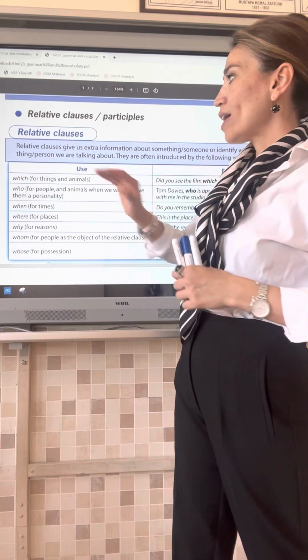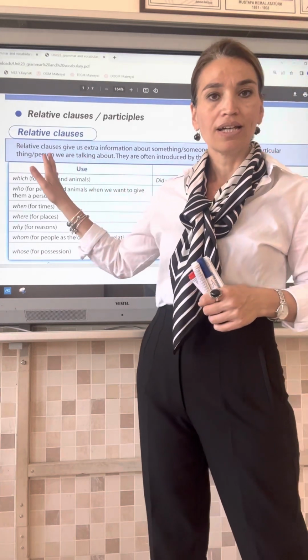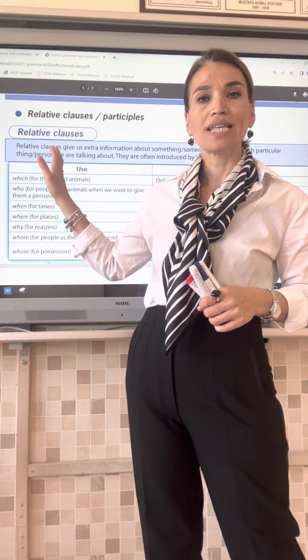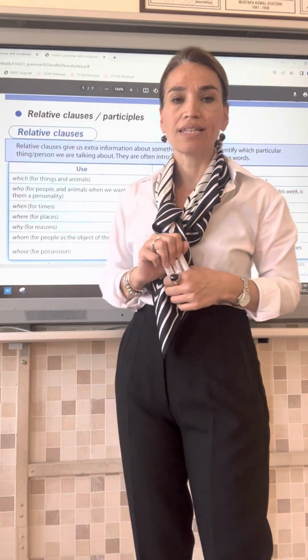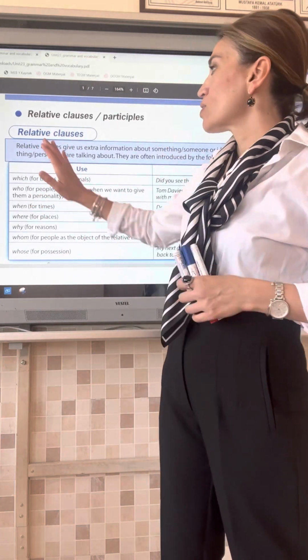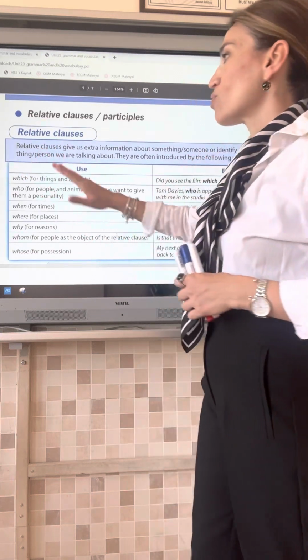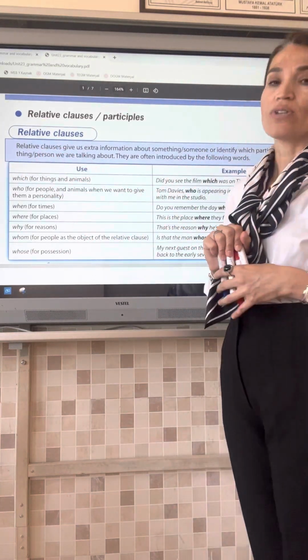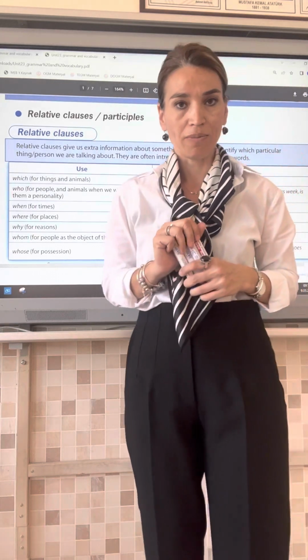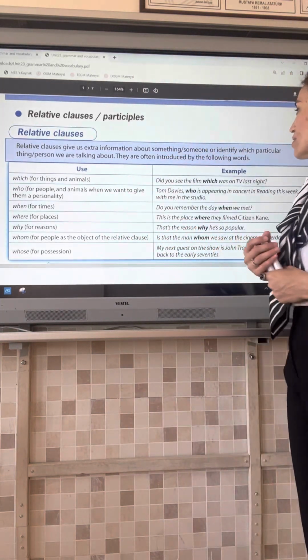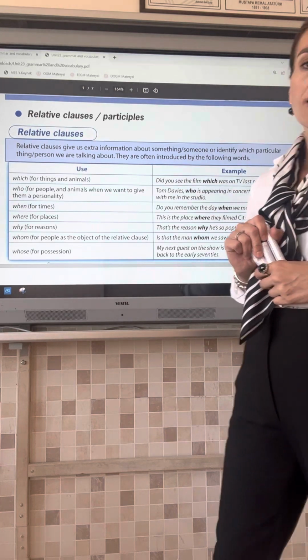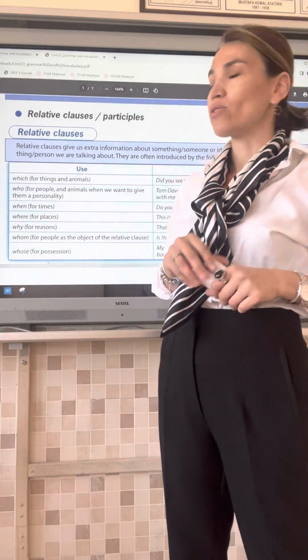We are going to have a look at them one by one and see how we use relative clauses in our sentences. So, the definition: relative clauses give us extra, additional information about something or someone, or identify which particular thing or person we are talking about.